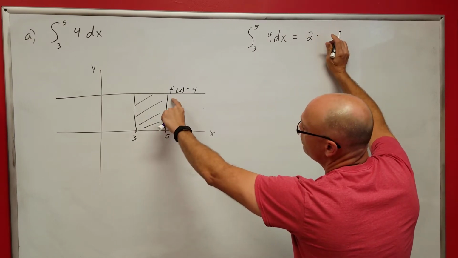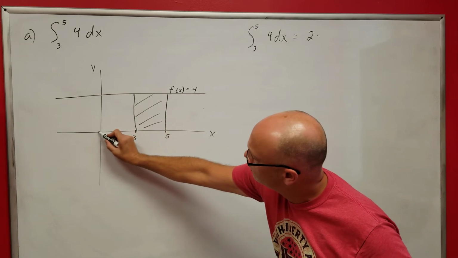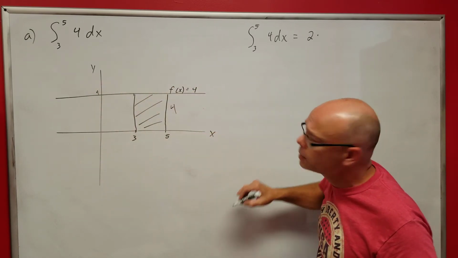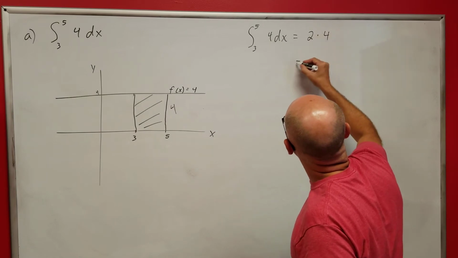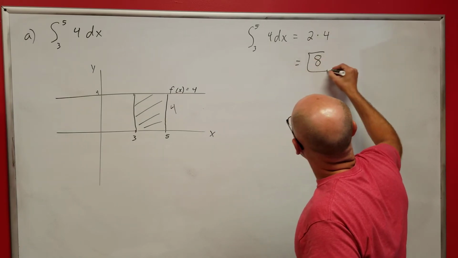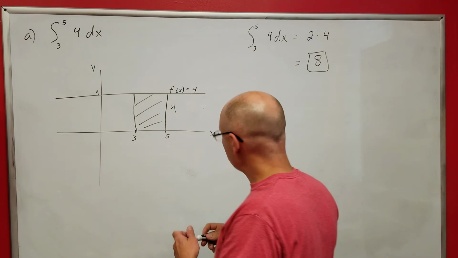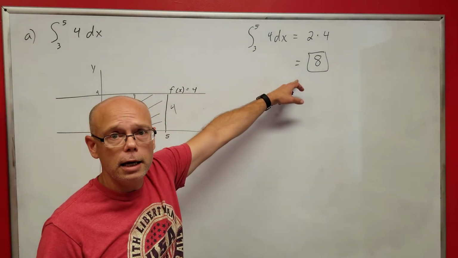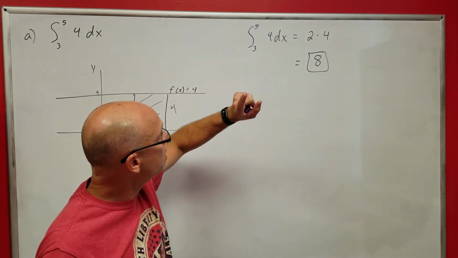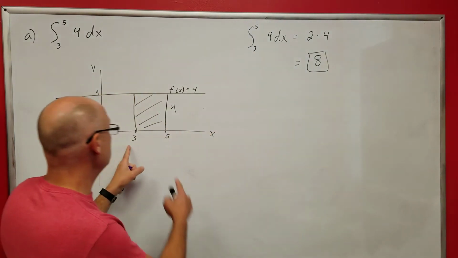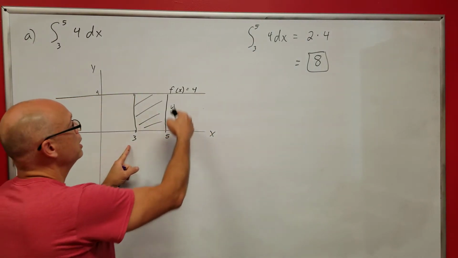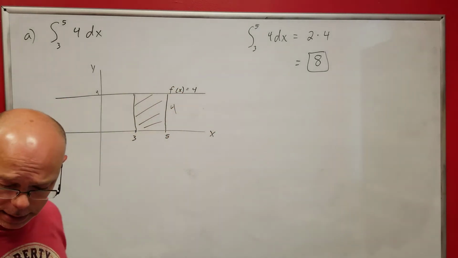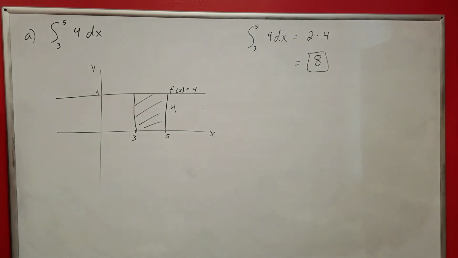Times, what is the height right here? How tall is this? This goes from 0 to what? 4 right there. So that's 4 units tall. So 2 times 4 will be 8. So what are we saying? We're saying, yes, this integral from 3 to 5 of 4 is 8, right? Or we could say the net signed area between 3 and 5 and the curve in the x-axis is 8. The net signed area is 8. Let's look at part B.